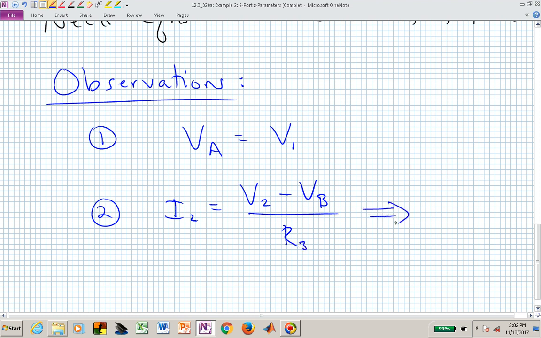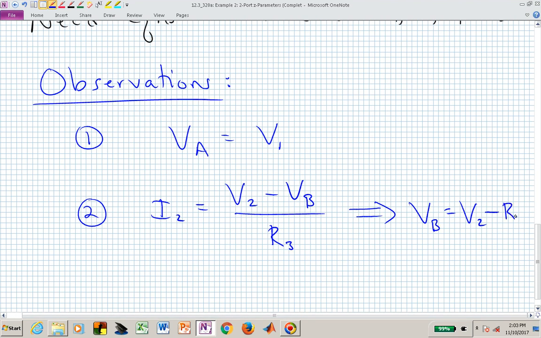Solving for V sub B, we multiply both sides through by R sub 3 and move V sub B to one side, isolating V sub B, and now we have V sub 2 minus R sub 3 I sub 2.